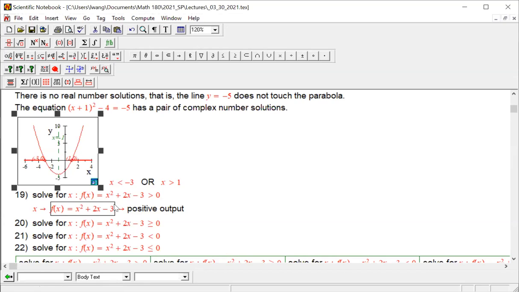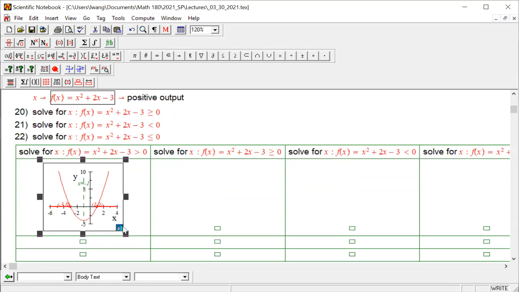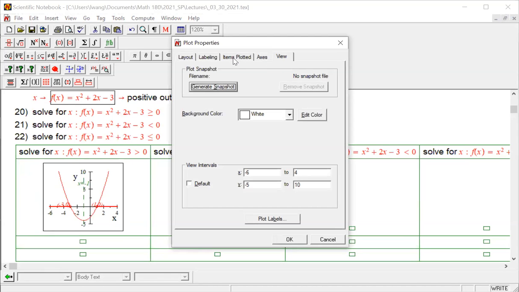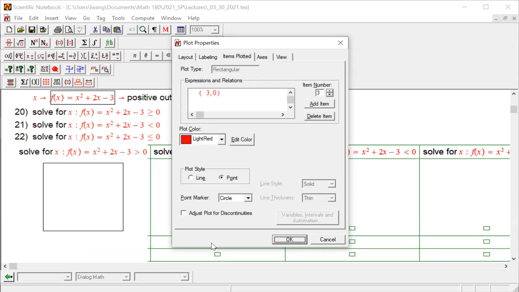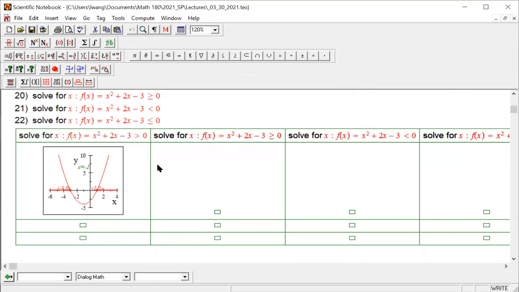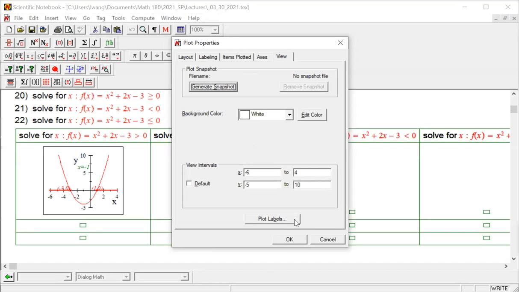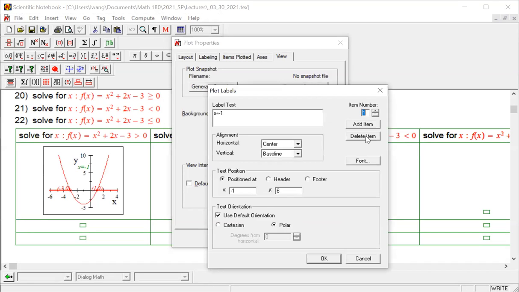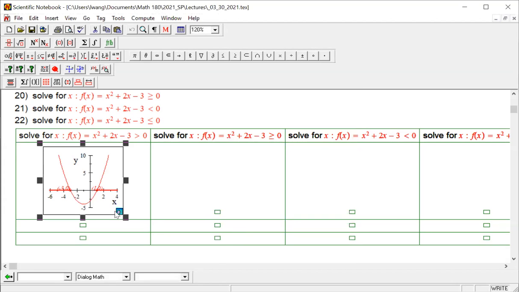Picture. I don't think I need the vertical line in the middle either, so I'm going to remove that. I'm just trying to make it clean. To solve this kind of inequality, you really just need the x-intercepts, if there are any.